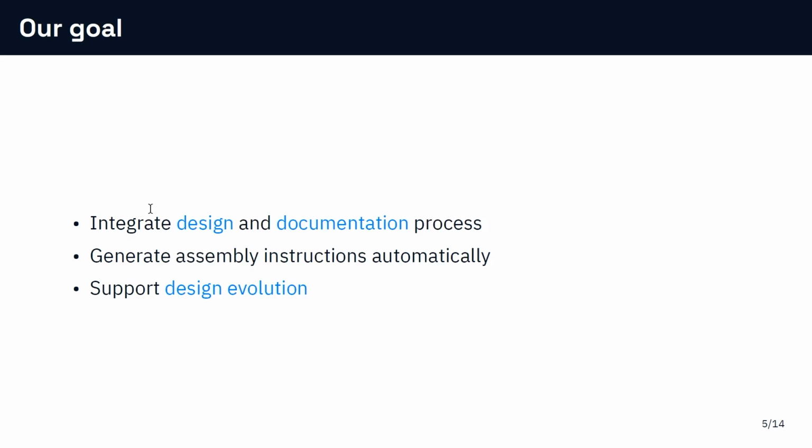We basically want to integrate the design process with the documentation process. And then, of course, we want to generate those assembly instructions. That is what we are focusing on automatically. And to support documentation for design evolution. When the design evolves, the documentation should remain up to date. That is our goal, essentially.